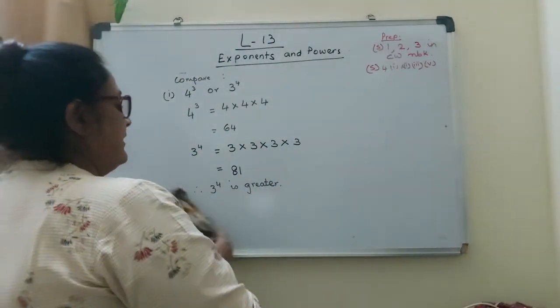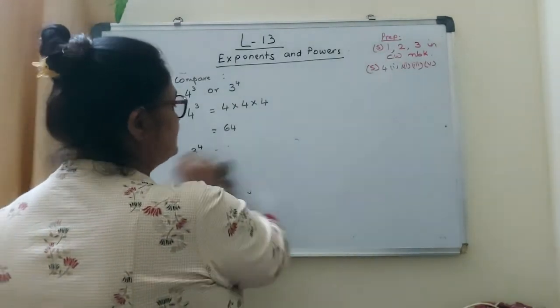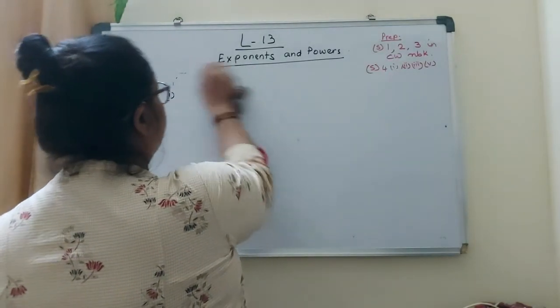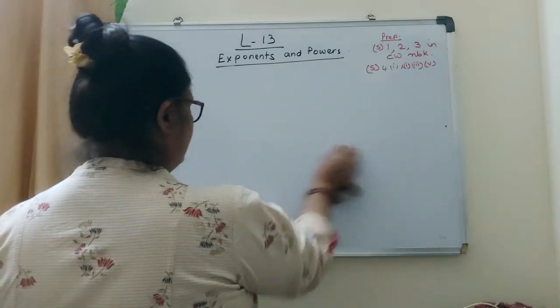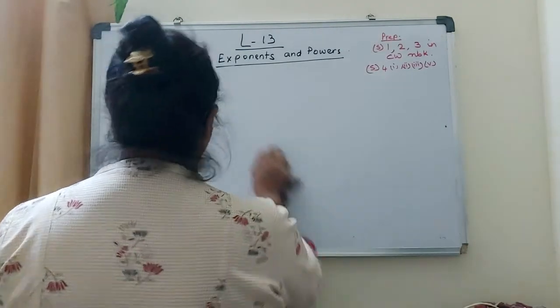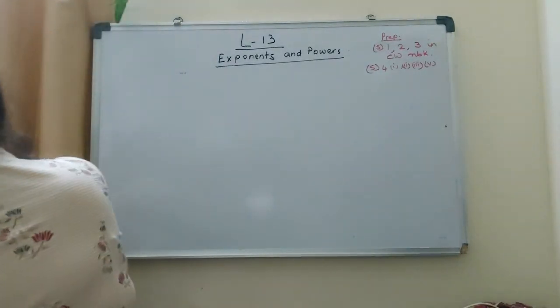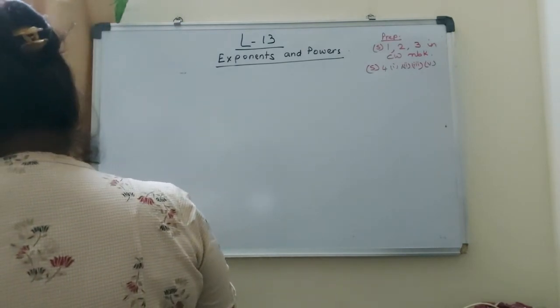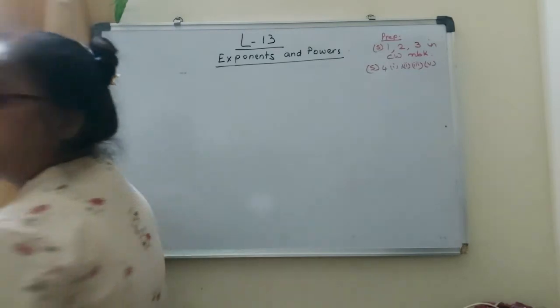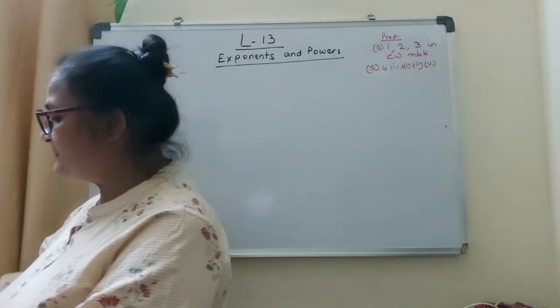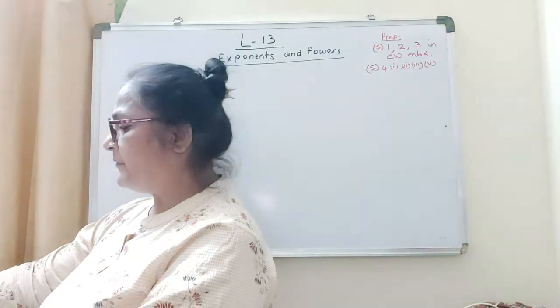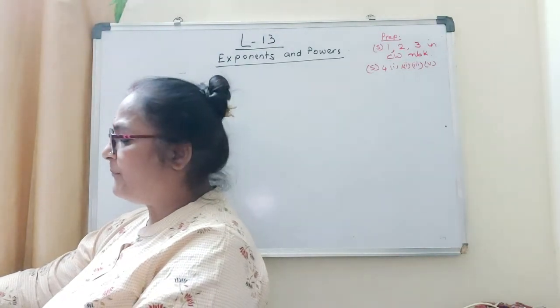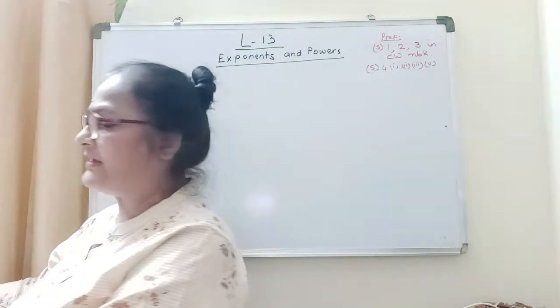Okay. Anyway, I still have some time, so I'm going to explain the other concept also. That is question number 5. Question number 5 says, express each of the following as product of powers of their prime factors.